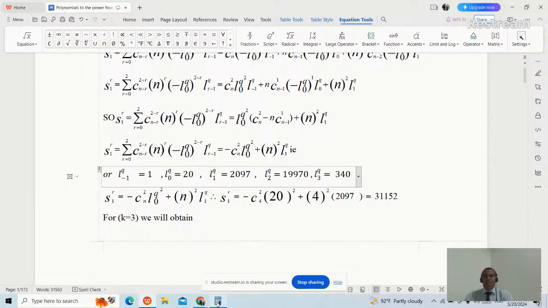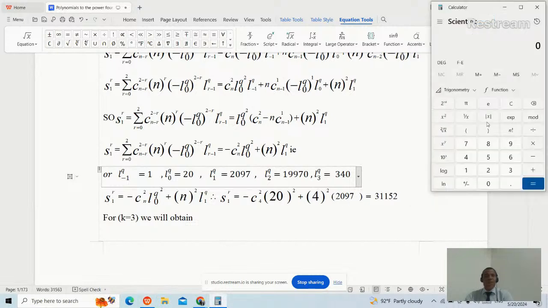Okay, I will use my calculator. I will use minus 4 choose 2, which is minus 6, times what, learners? Times 20 squared, which is 400. Then plus 4 squared, which is 16.